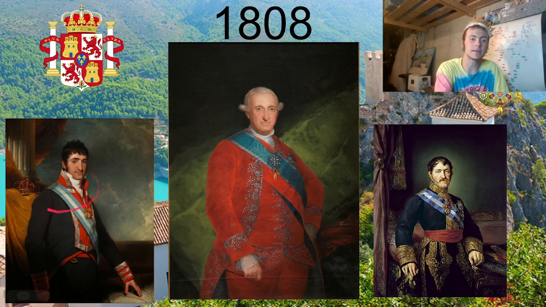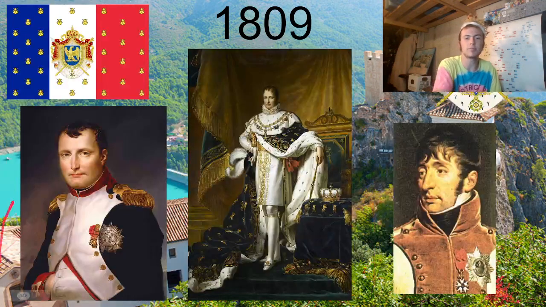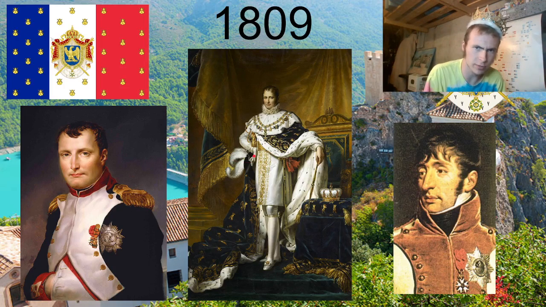So then his son becomes Fernando VII for a couple of months until Napoleon takes over. But Napoleon Bonaparte takes over with the French Empire. But Napoleon doesn't rule Spain himself. He lets his brother Joseph Bonaparte, who was actually older, he was born in 1768. I think Napoleon was born in 1769.